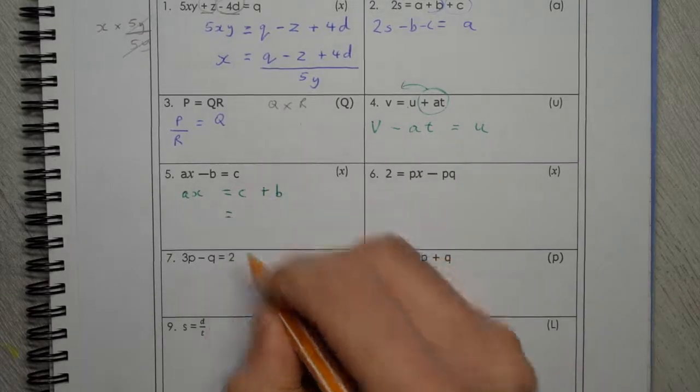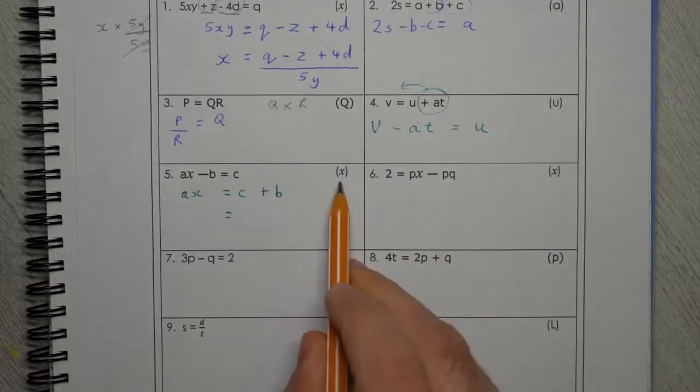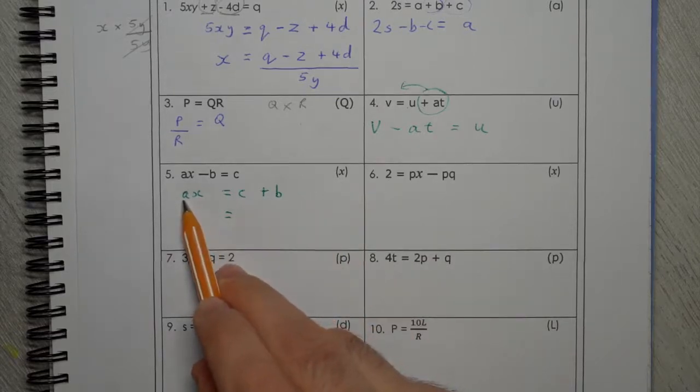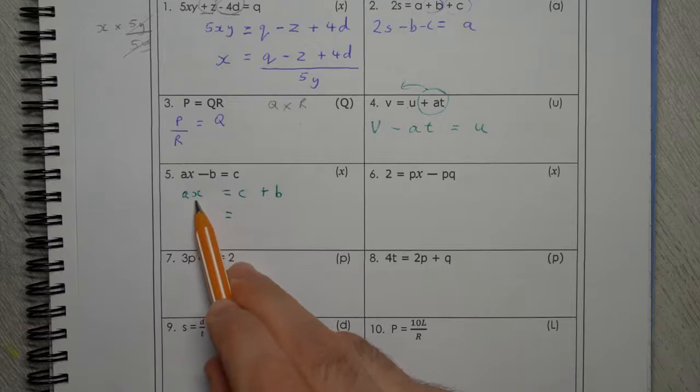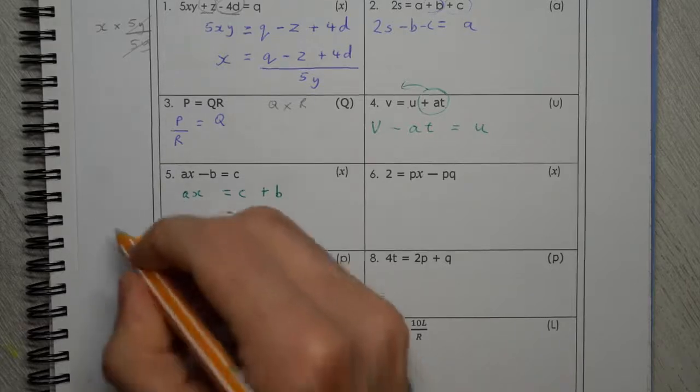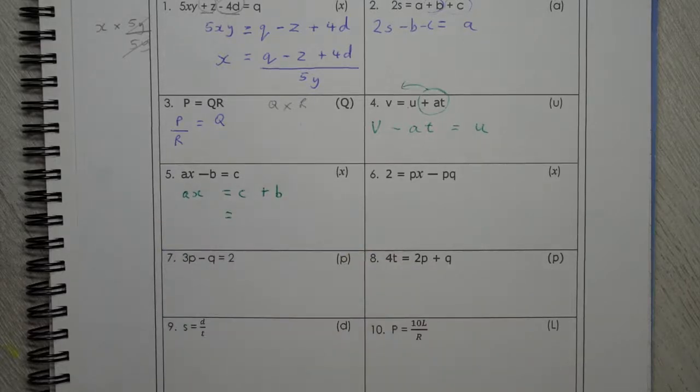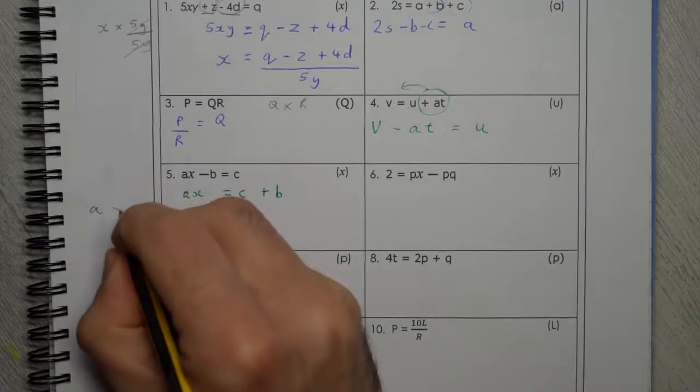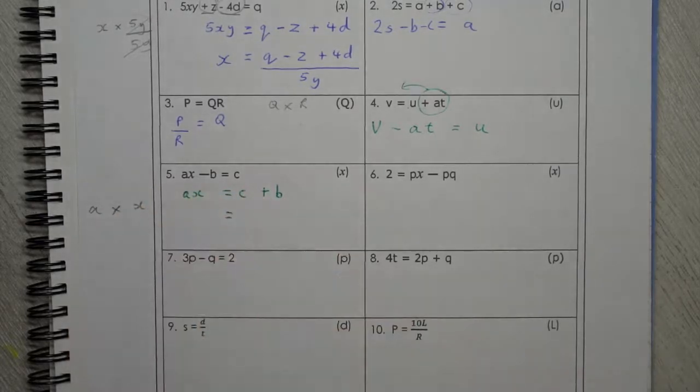Okay? Now, we need x, the subject of the formula. On this side, we have ax. Ax, as you all know, means a times x.